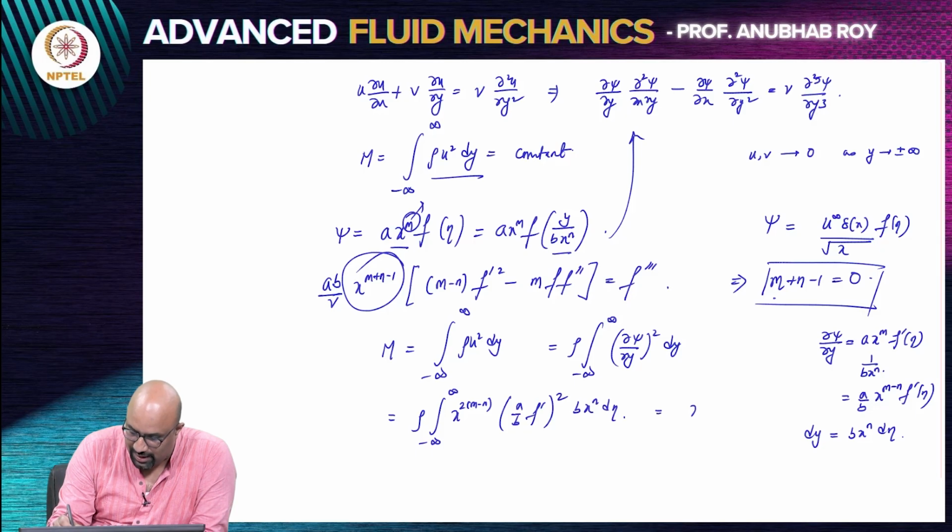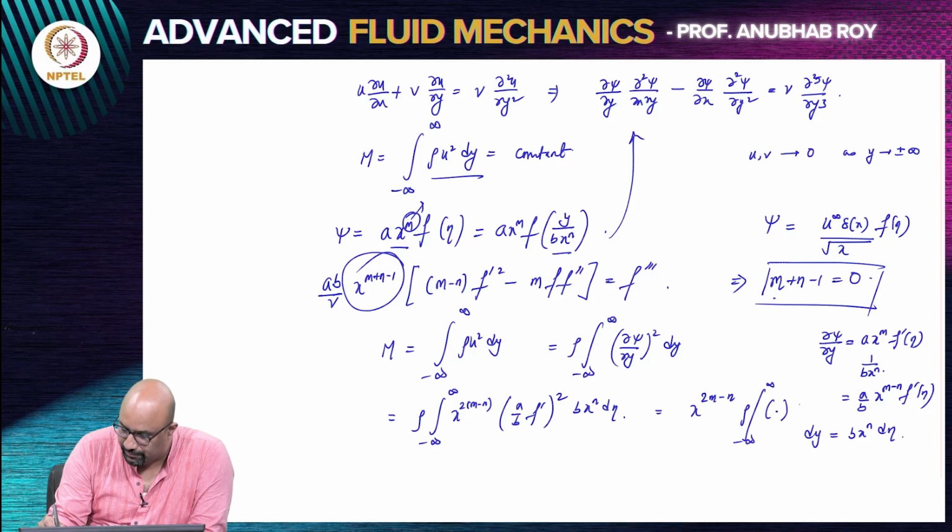So, then I have x to the power 2m minus n, rho, some integral over eta.